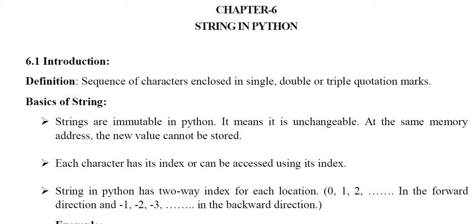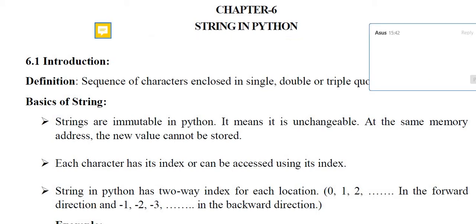Let's see what is a string. A sequence of characters enclosed in single, double, or triple quotation marks, that is a string. How can you write it down? Let's see a string. If it's hello, I'll write hello. If you see, this is a sequence of characters.